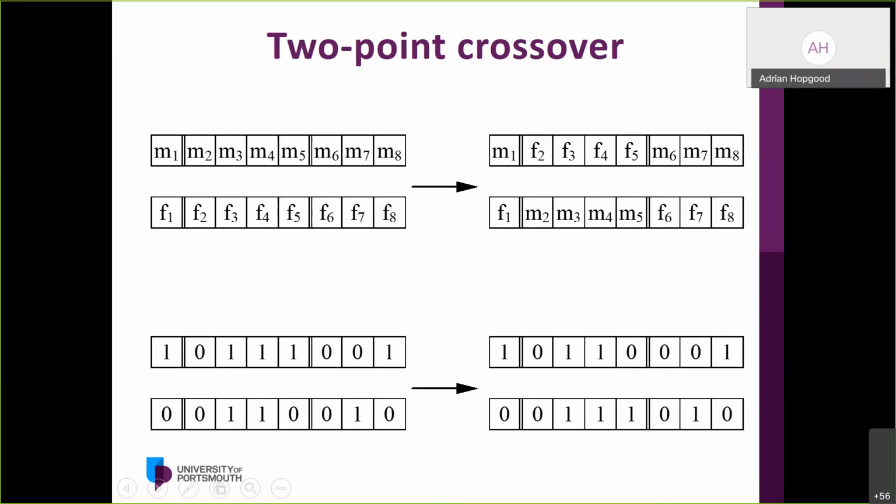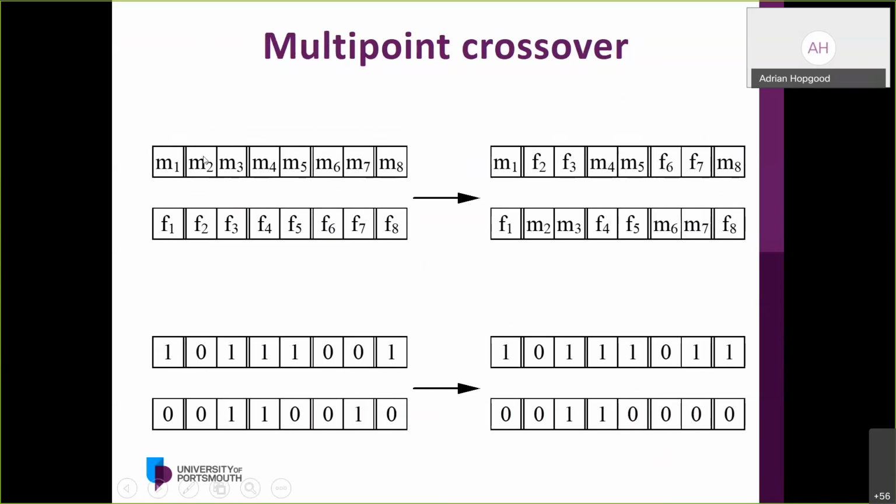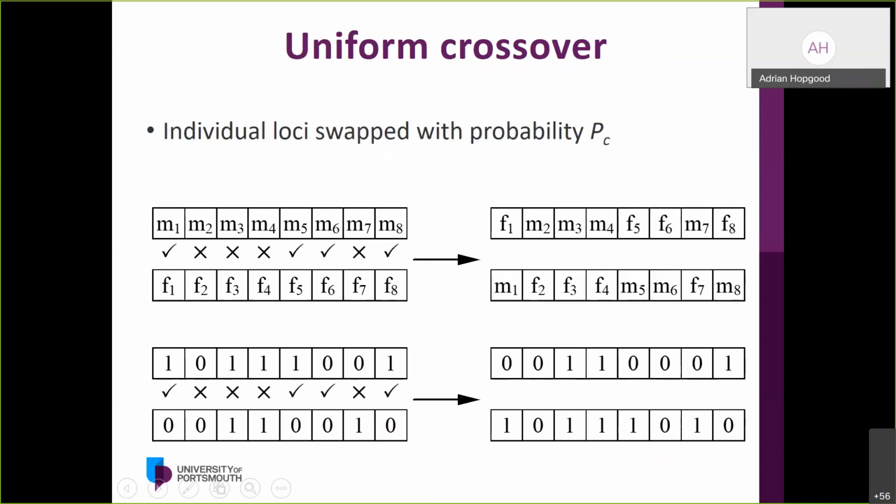And there's variance on that. You can cross over in more than one place. So in this example, there are 2 crossover points. I'm pointing at one, and here's the second one, to give you a different type of crossover. You can have multi-point crossover, where there are several crossover points along the chromosome, and so-called uniform crossover, where any particular gene is available for crossover, and it's a matter of chance probability which ones do or do not swap, indicated by my crosses and ticks here.